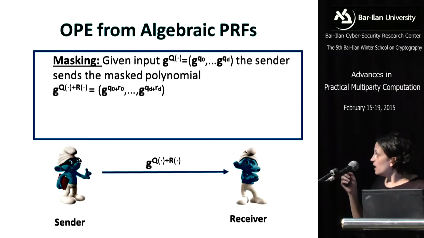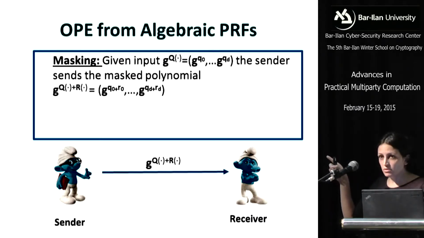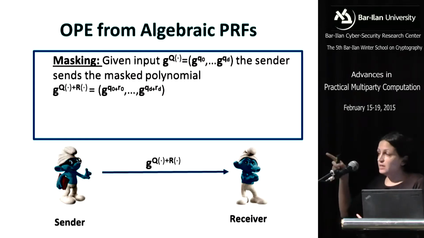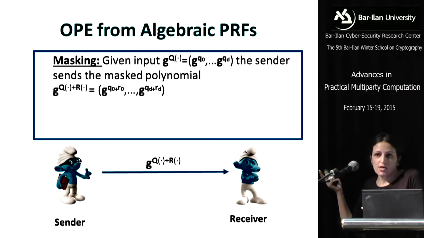Instead, the sender computes the masking of its polynomial Q by multiplying component-wise each g to the q_i, where q_i is the i-th coefficient, with f_k(i). So you can view it as g to the r_i, basically.